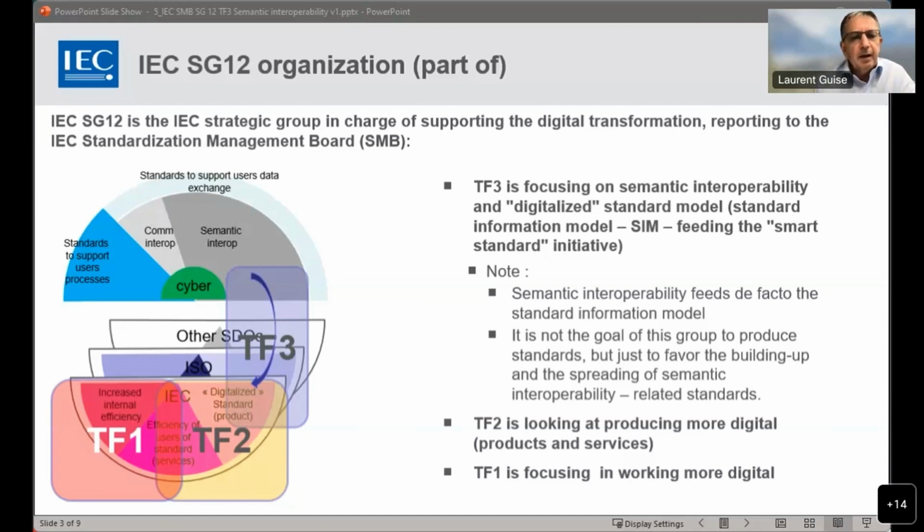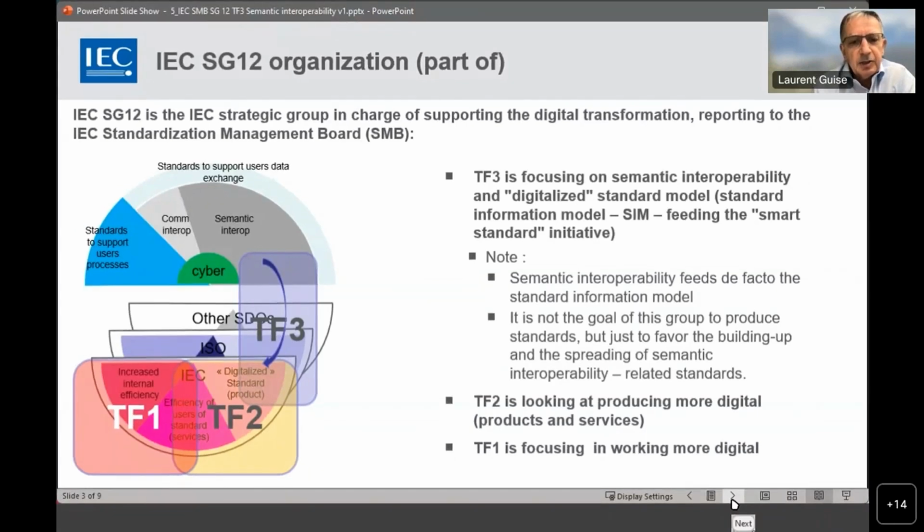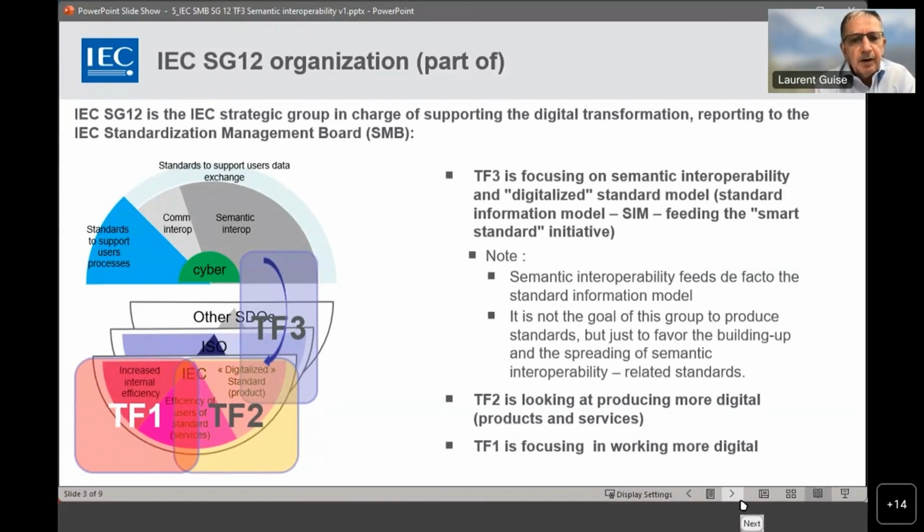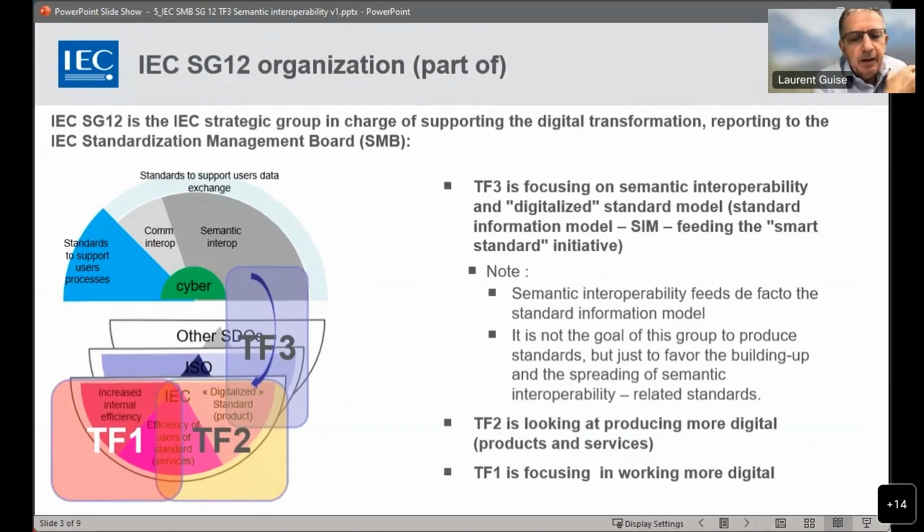And Task Force 3 is mostly focusing on semantic interoperability and also on the structure of these digital elements. And of course, as shown on the graph, this Task Force 3 is just in between both aspects, which means feeding the society with standardized semantics on one side, but also potentially consuming this standardized semantics in order to form the future digital standard.